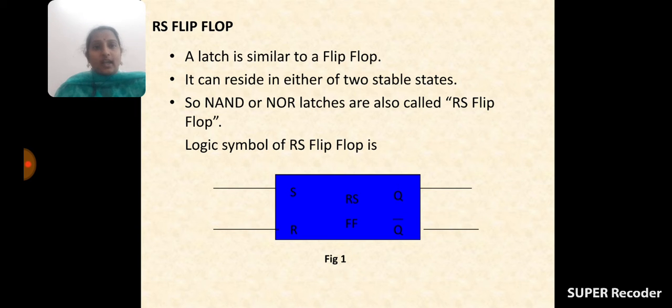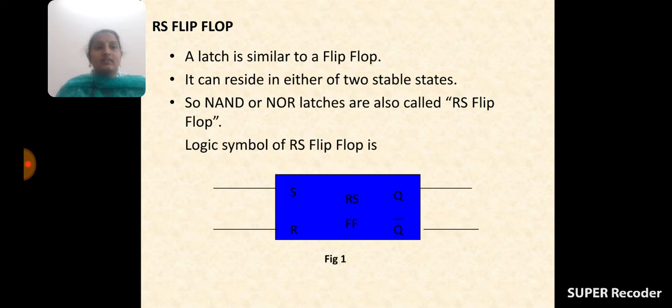In the NAND latch, we design the circuit with 2 NAND gates. The output of one gate acts as one of the inputs of the other gate. The output of the second gate is connected to the input of the first gate, and the output of the first is connected to the input of the second gate. Coming to the truth table of the RS latch, there are two inputs and two outputs.